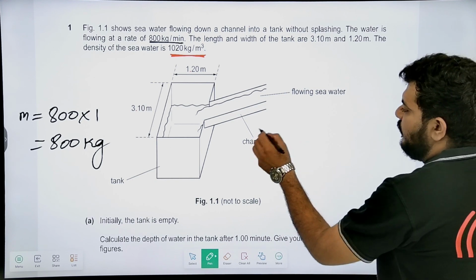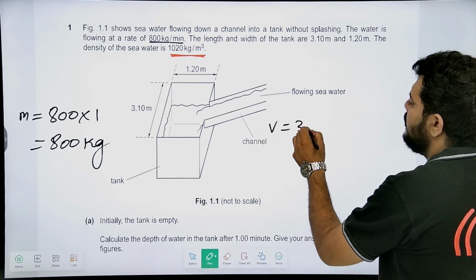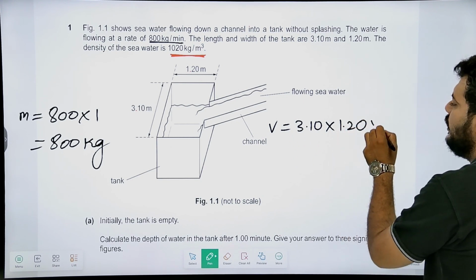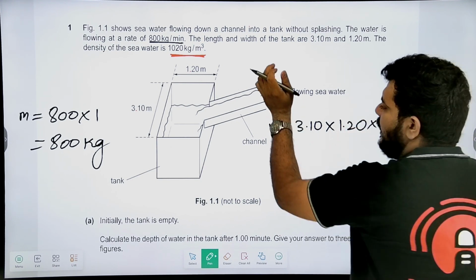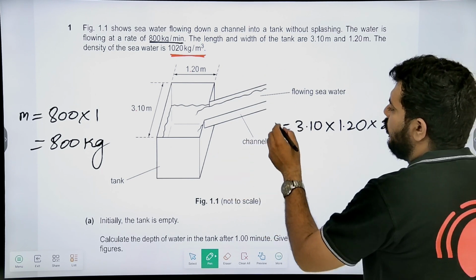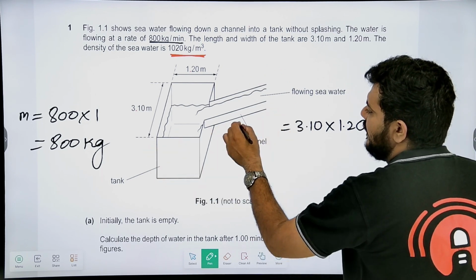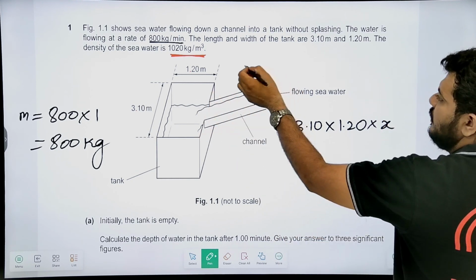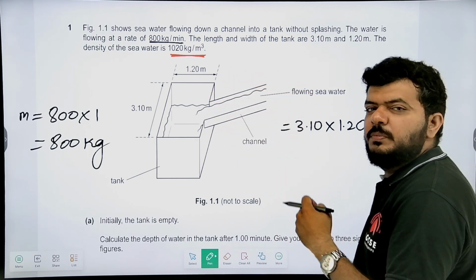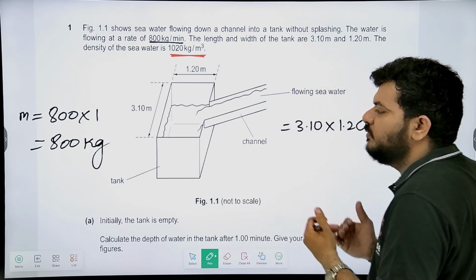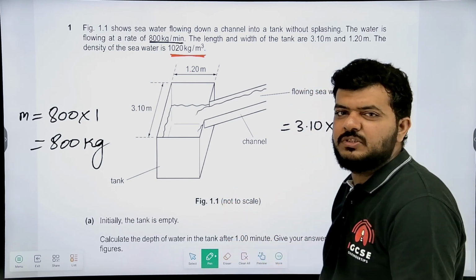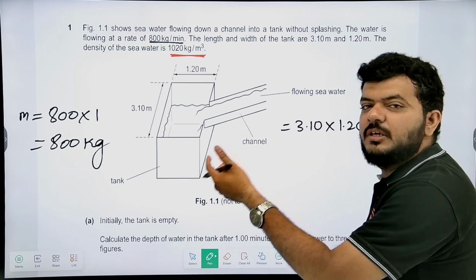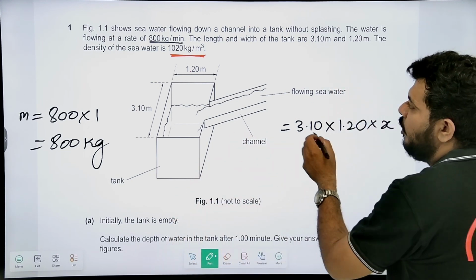Now the volume of tank will be 3.10 into 1.20 into x. Our board prefers that we write the formula first, then input the values and then make the required value the subject of formula. So try to write the formulas first.